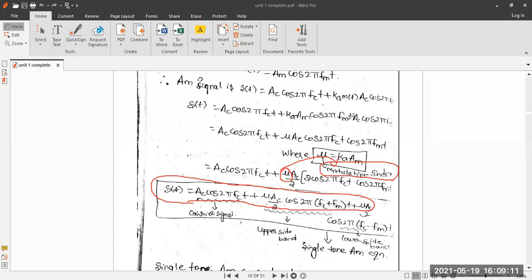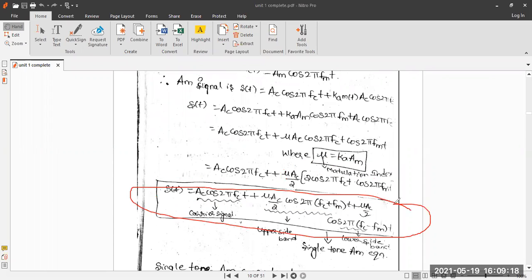Now if we observe this equation keenly, there are three terms.